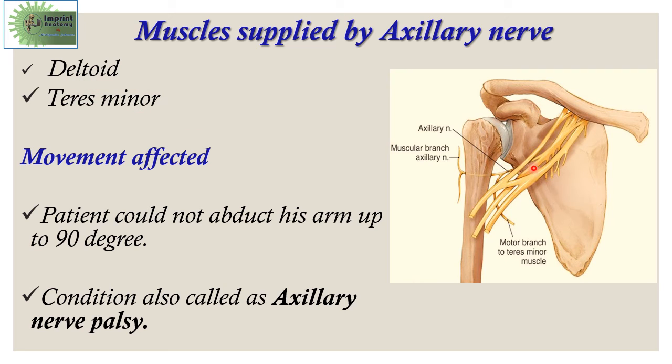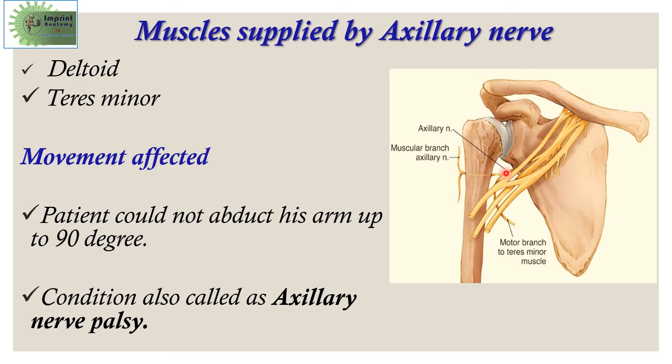You can see here, this is the posterior cord and this is the axillary nerve course, and this is the muscular branch. This is the region of the deltoid muscle. So mainly deltoid, and this is again the branch which goes to the teres minor muscle. So these are the two motor branches from the axillary nerve.